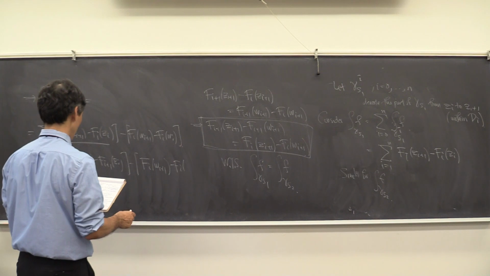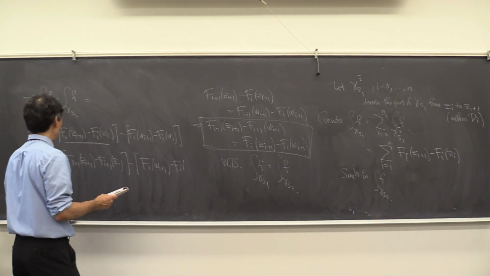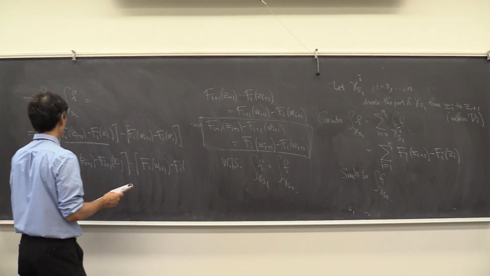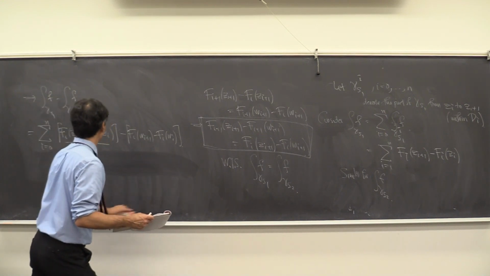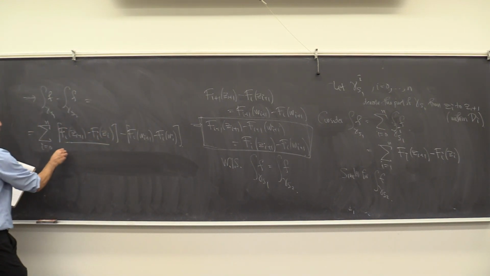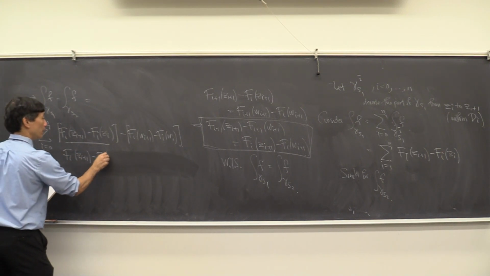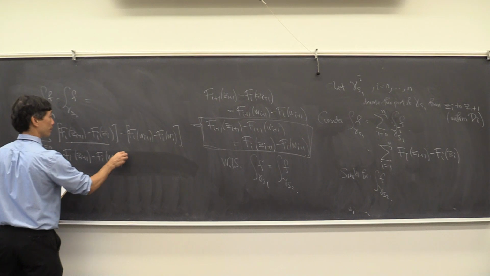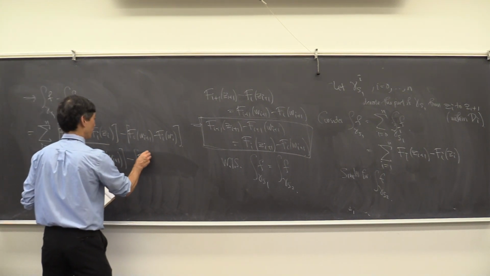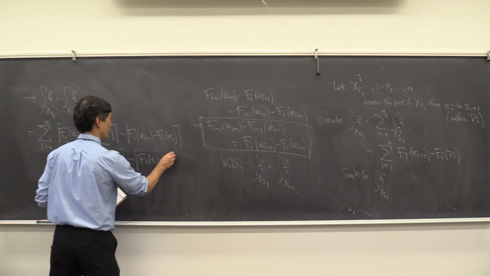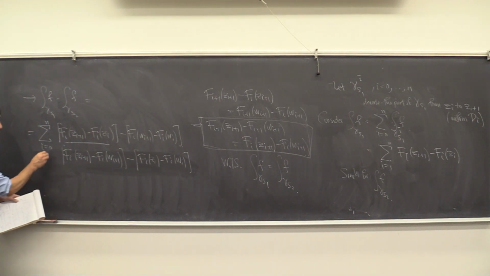Sorry, I messed up a little bit here. This will be f sub i at z sub i plus 1 minus f sub i at w sub i plus 1, minus f sub i at z sub i minus f sub i at w sub i.